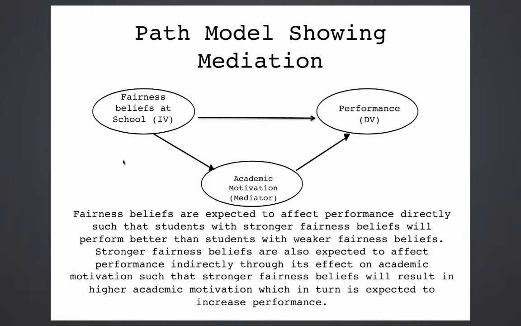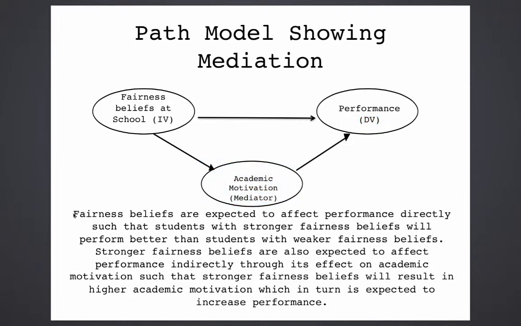We have a visual representation of our theory. We've got mediation happening, so an indirect effect, and we've got our direct effect. Fairness beliefs at school, our IV, is now directly affecting performance, and in addition to that, it's affecting performance through academic motivation, which is the mediator.